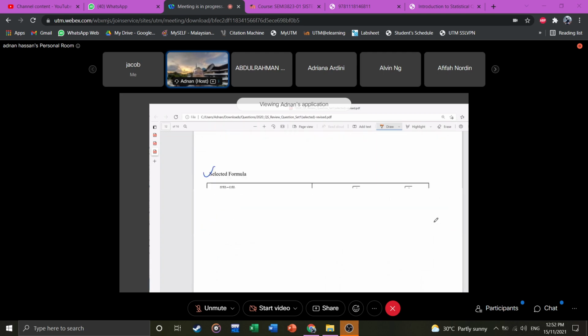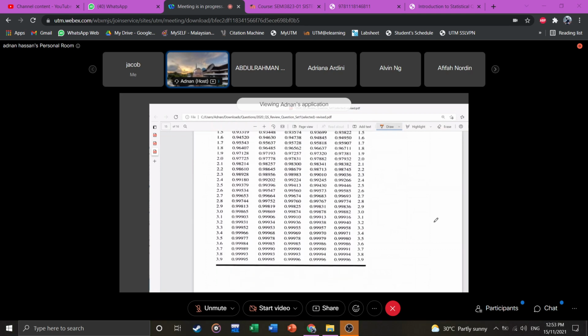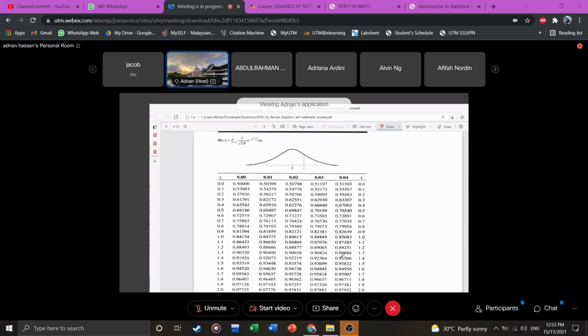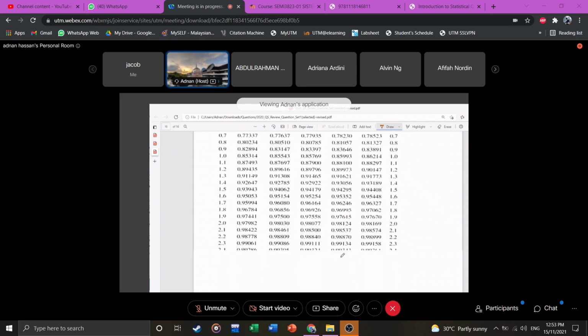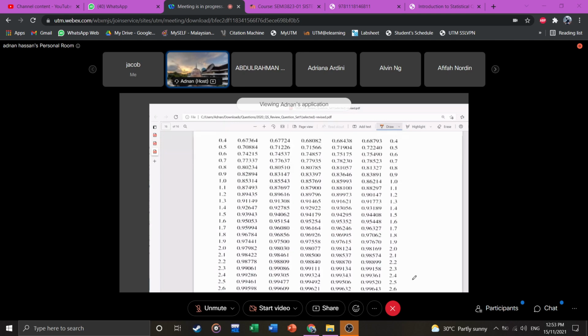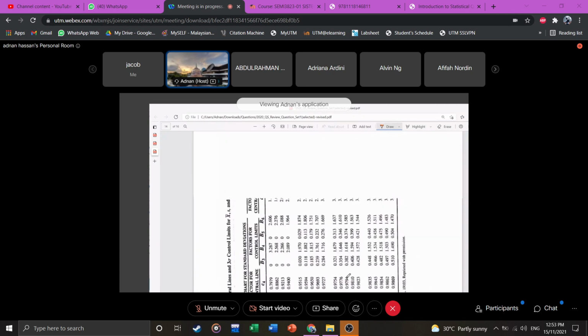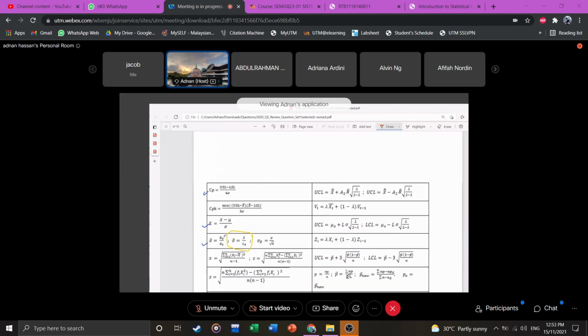If you look at this table, you can see here almost 3.9, and this is almost every point already inside. 3.99, so almost negligible outside. That's why we use 3.99. There is almost no outside, a small number but insignificant.